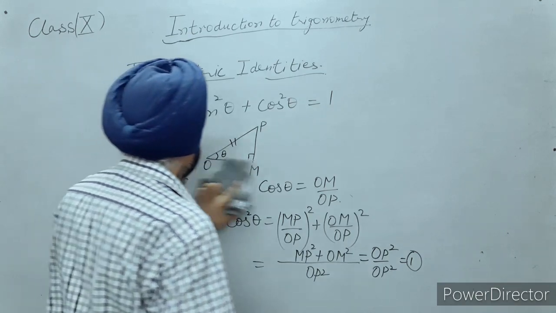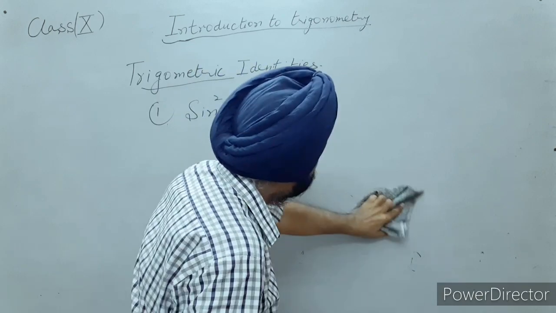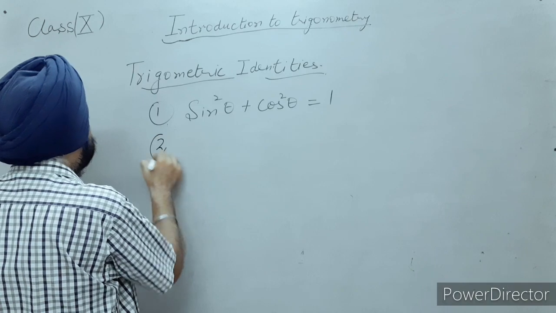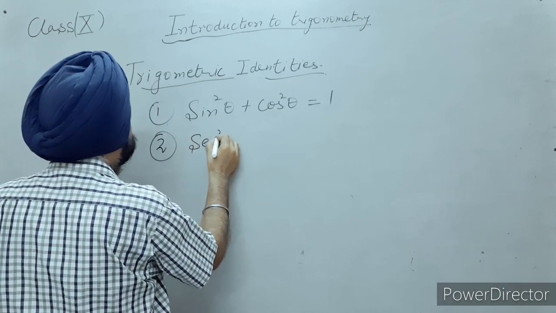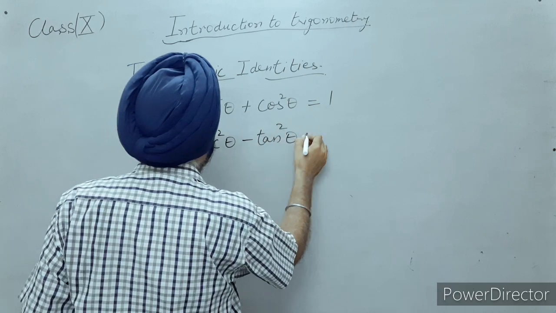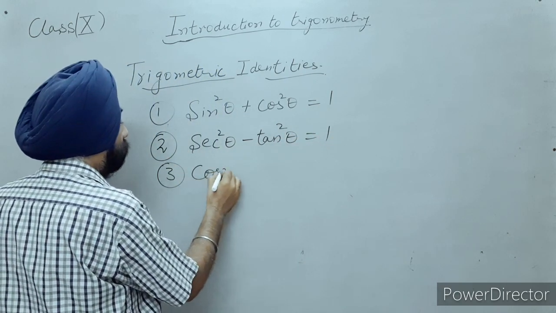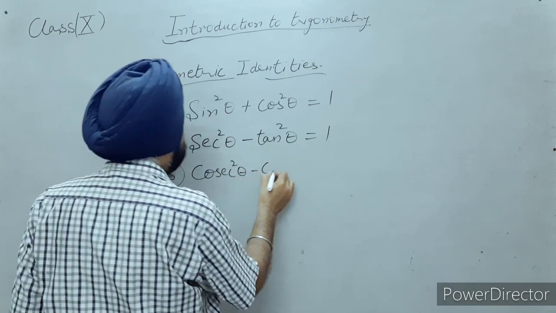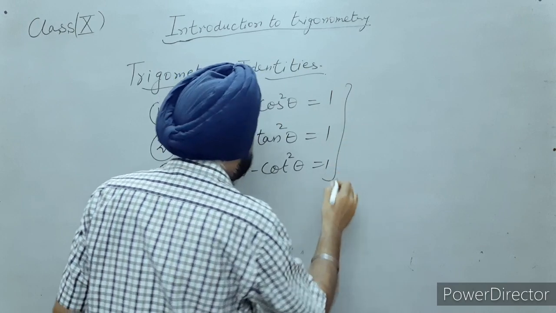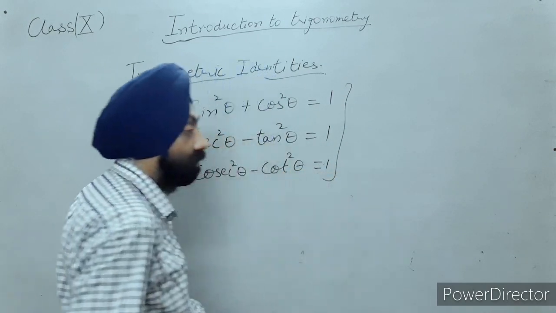Now the second identity, likewise we can prove that also: secant square theta minus tan square theta equals 1. The third identity is cosecant square theta minus cotangent square theta equals 1. These are the three basic identities which we must remember.